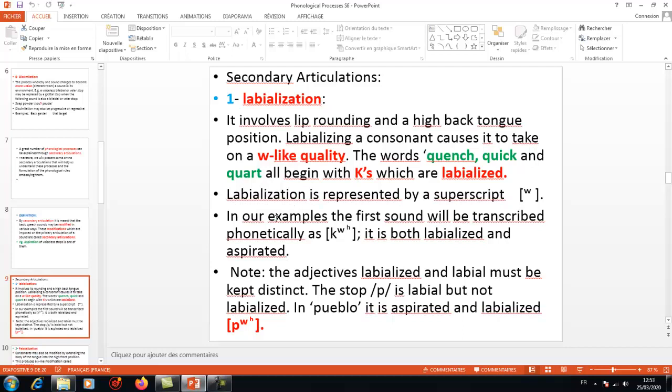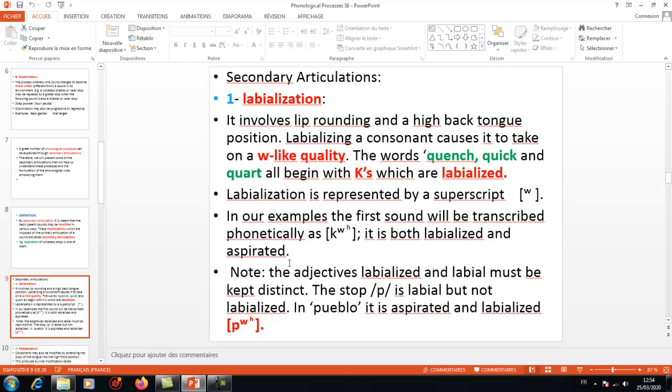Labialization is represented by a superscript w. In our examples, the first sound will be transcribed phonetically as kʷ. So here it's both labialized and aspirated. In the three words, quench, quick, quart, in the three cases, the k is both labialized and aspirated.